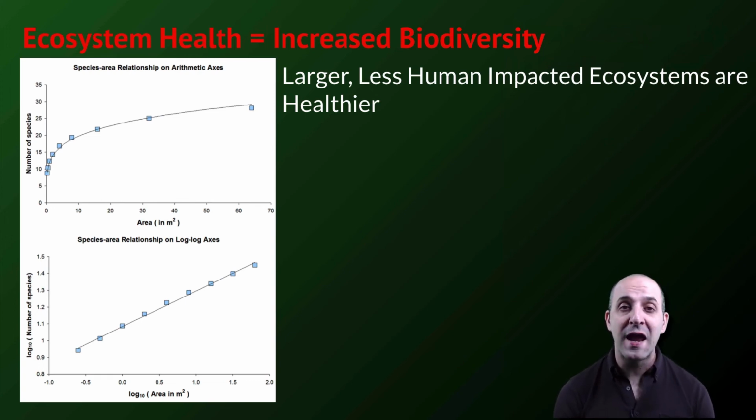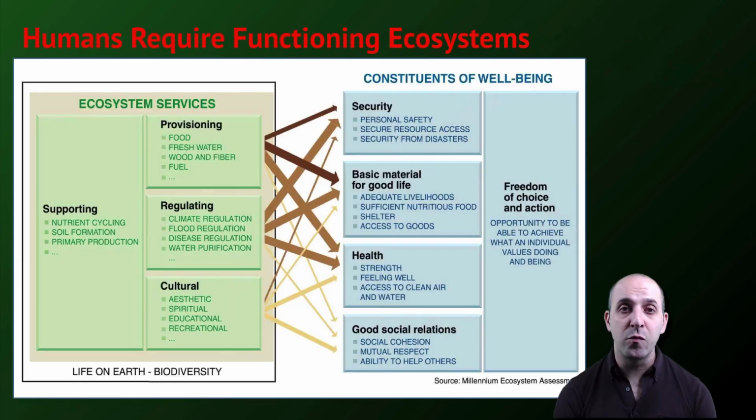The larger the area of the ecosystem, the more species we will find in that ecosystem, the more biodiverse it is. Without belaboring the point, we require functioning ecosystems in order to remain alive and healthy and within a functional human society. So it is in our interest as living organisms to try to keep our ecosystems as functional and healthy as possible into the indefinite future.